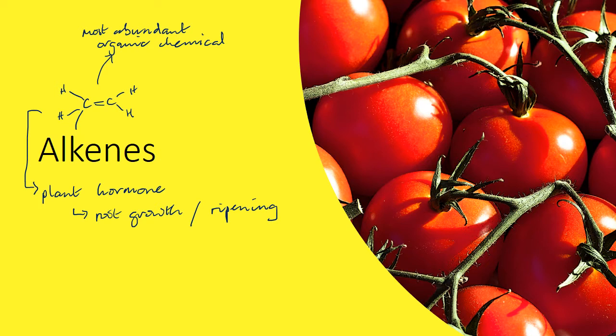So you'd have big warehouses with tomatoes in them, and each room of the warehouse would have a different concentration of ethene in it, and so the supermarket would be able to call off tomatoes with good knowledge about when those tomatoes are going to ripen.